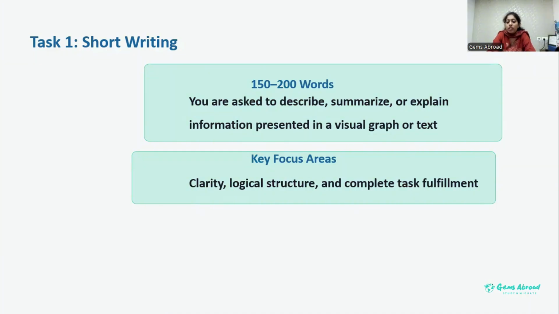Use formal language and linking words like in contrast, as a result, similarly. So that's about Task 1 and Task 2. I hope you have understood and got an overview of Task 1 and Task 2 in LanguageCert Academic Writing.